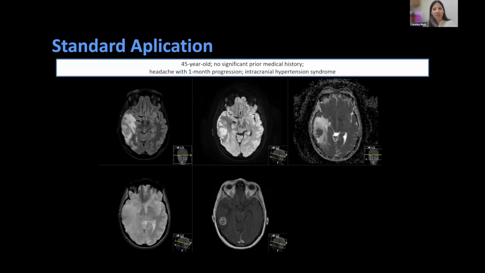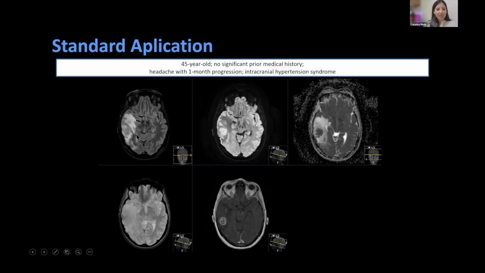We start with this one, a 45-year-old woman with headache with 1 month progression and intracranial hypertension syndrome. On the structural imaging, you can see that she has a cortical subcortical lesion in the posterior region of the temporal lobe on the right.